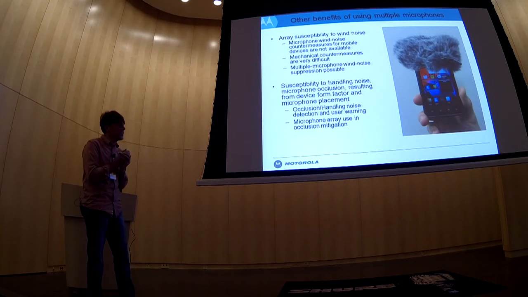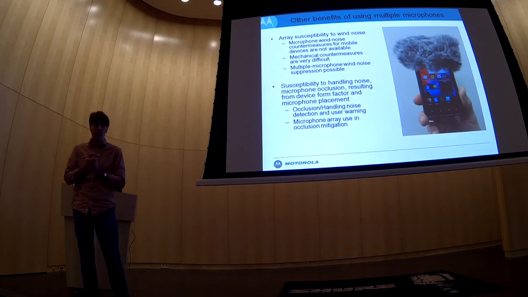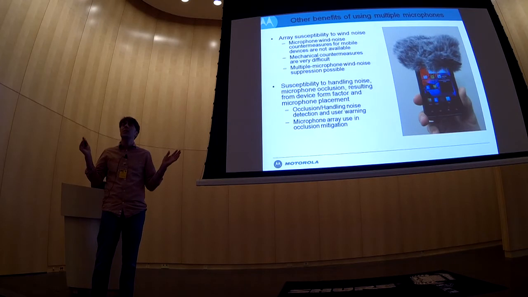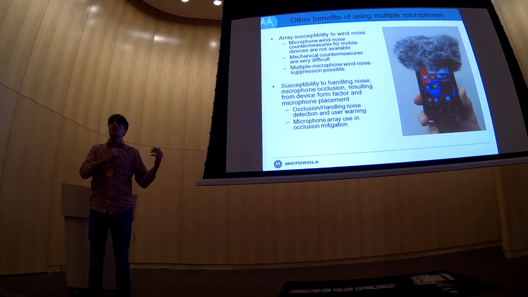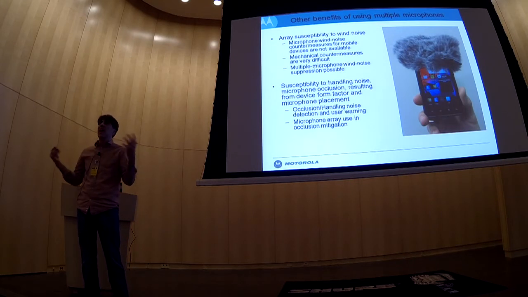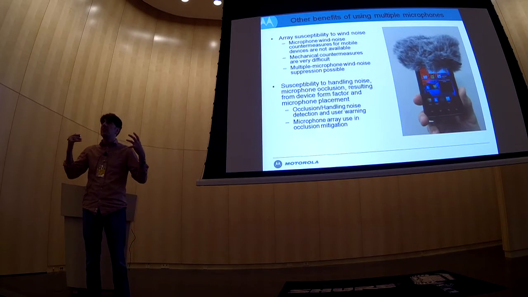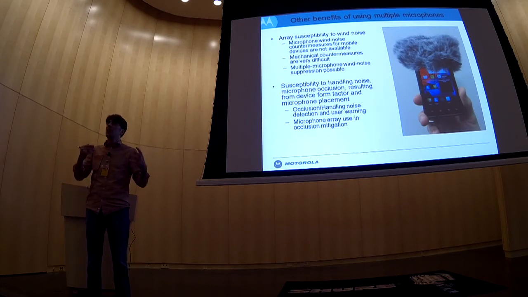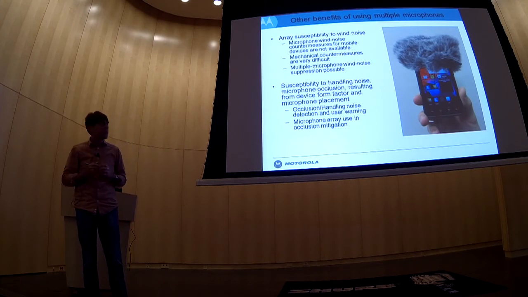And one of the things is multiple microphones, differential arrays, they tend to be susceptible to wind noise. Why? Well, wind noise is not coherent in the multiple sources, so it is not something we can cancel with the array. This lack of coherency means that if it appears, it's only amplified. If it appears in multiple mics, it gets worse.